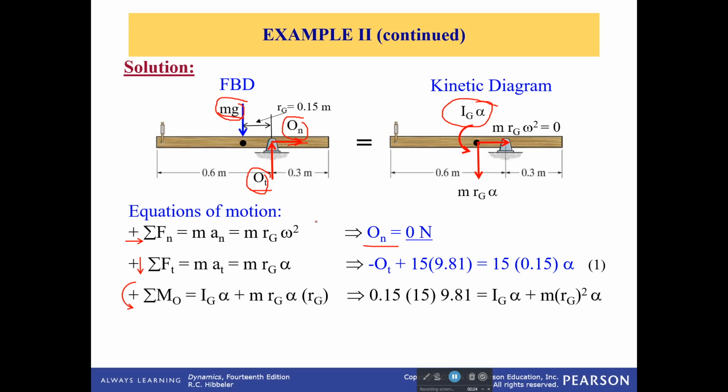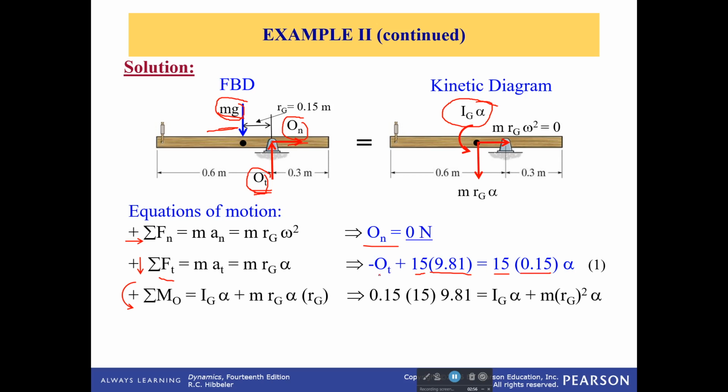I can have 0 velocity, but I can still have a positive or negative angular acceleration. So the force in the tangential direction, well, I've got my reaction force in the tangential direction. We have my weight right here. If I plug in everything I know, the weight is 15 times 9.81, and this is 15, the mass, times the distance to the centroid.